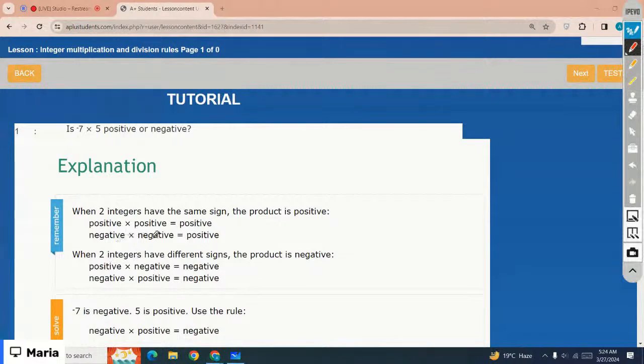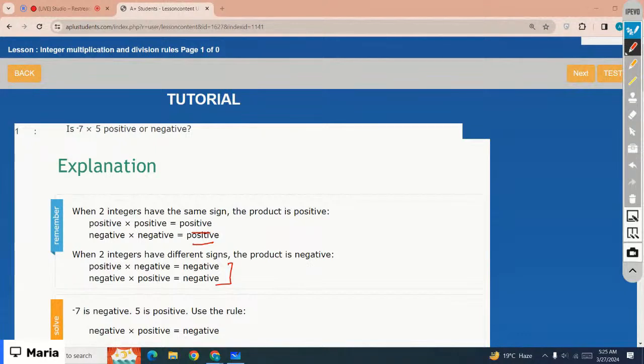If both the numbers are negative, the answer is also positive. But if they have different signs, the answer is negative. For multiplication and division, the rules are exactly the same.